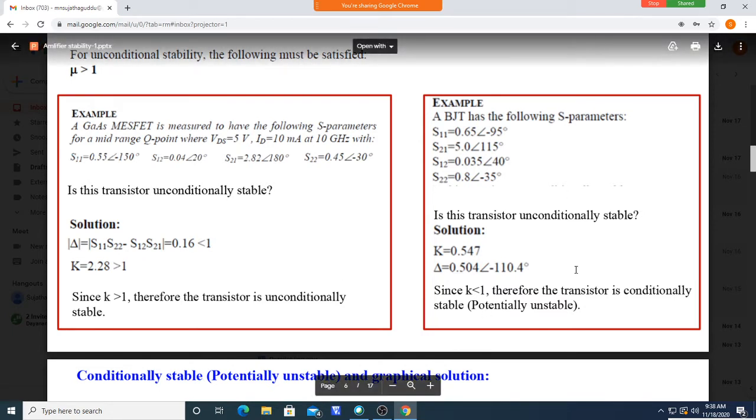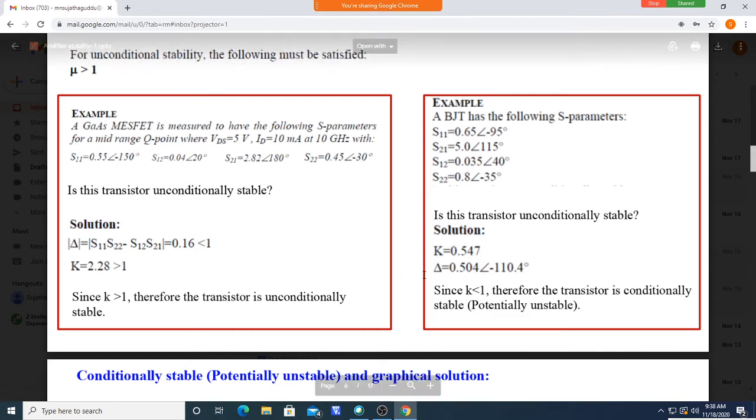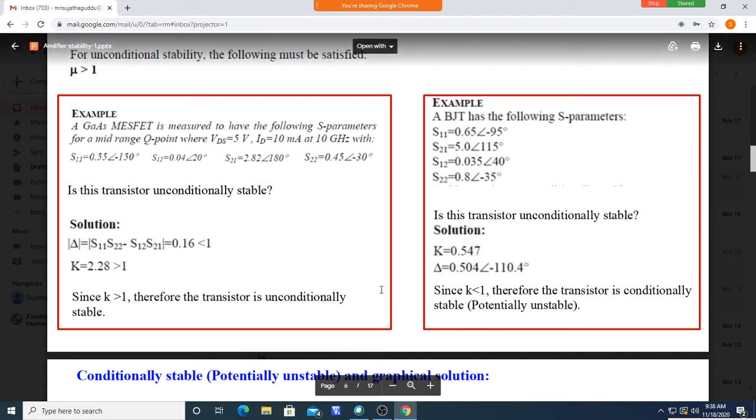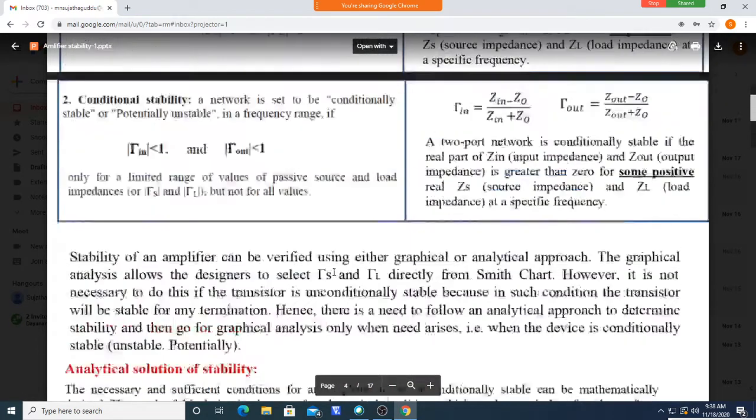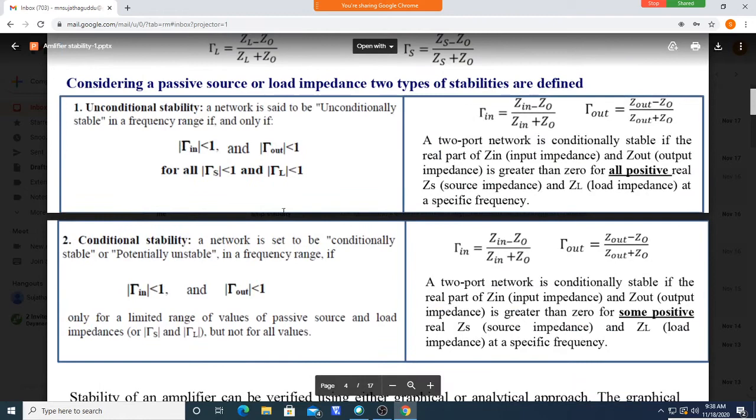So like this you can do the K and delta check to analyze whether it is conditionally or unconditionally stable. Now the definition: if they ask you to define what is meant by unconditional stability and conditional stability, what you should write.